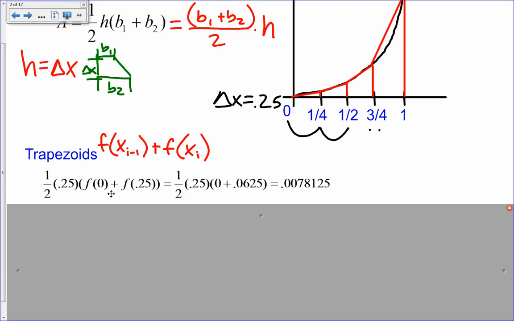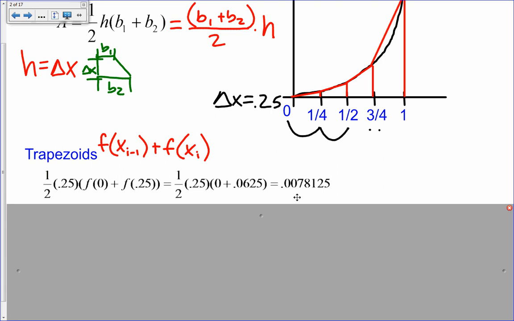So our x's are these values that we're plugging in to our f of x. In this example, we're plugging them into x squared, the first value, the first base, and the second base. So over here, our f of 0 is 0, and our f of 0.25 is 0.0625, and we're taking our delta x, which is 0.25, which we said was the height of each trapezoid, and dividing that by 1/2, which is just a part of our equation for the area.